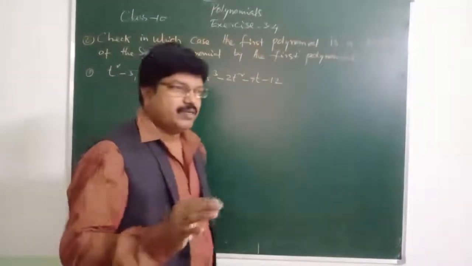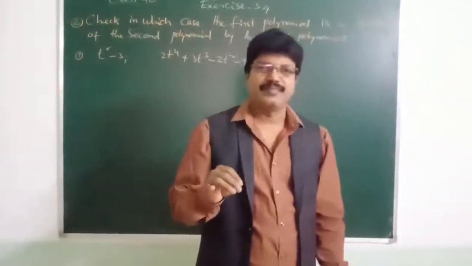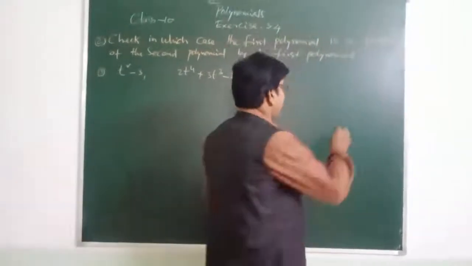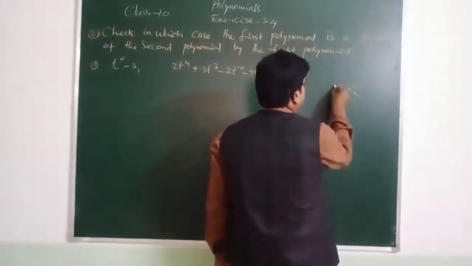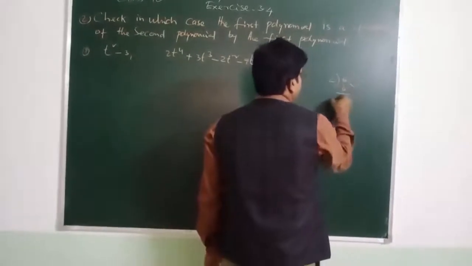First, what is a factor? Factor means, for example, here 6: 2 3s are 6, remainder 0.